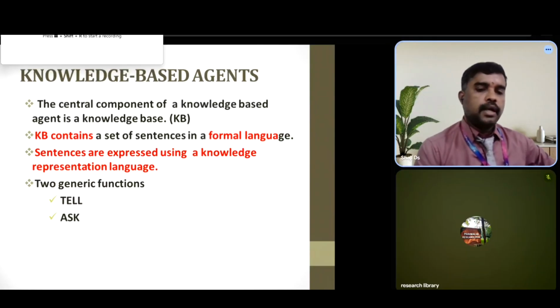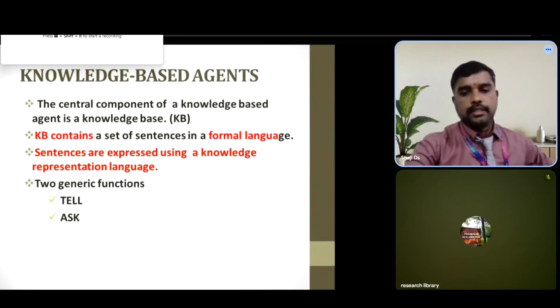Tell means add a new sentence to the KB, or the knowledge base. Ask means query what is known from the knowledge base. That is the difference between tell and ask. So the central component of a knowledge-based agent is known as the knowledge base.